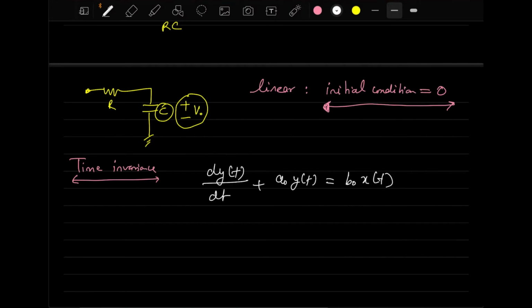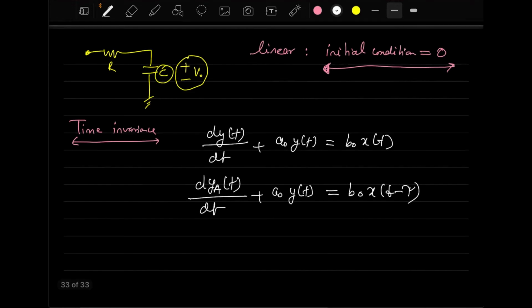What we are now doing is shifting the input signal by tau. When we shift the input signal by tau, let's say your output becomes ya. At that time, your input is shifted by tau, so it will be like this. As your input is shifted, the corresponding output ya(t), or the corresponding differential equation, is written like this.